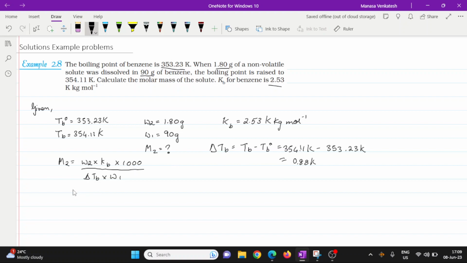Now all we have to do is substitute all of these values in the equation. So W2, which is 1.80 grams, Kb is 2.53 Kelvin kilograms per mole, and then 1000.